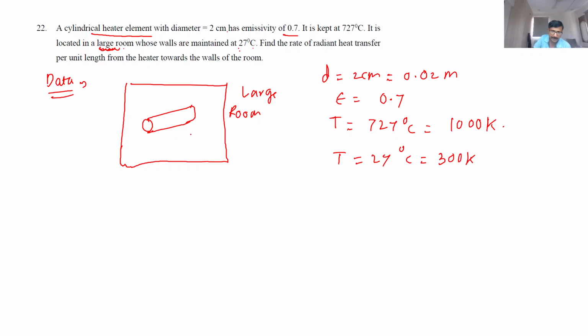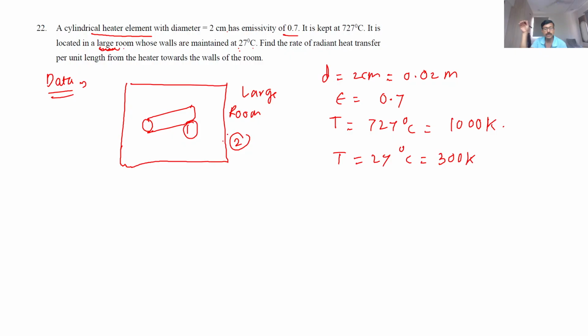Now the cylinder is inside, so number 1, and the room is outside, so number 2. It's very important. The inside should always be assumed 1 and the outside should always be assumed 2, when 1 is enclosed by another object.